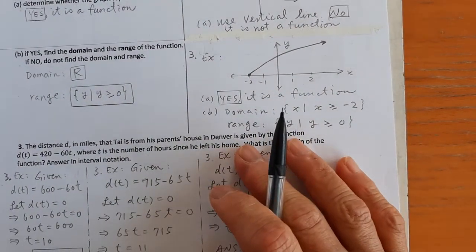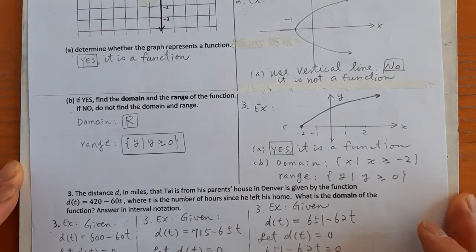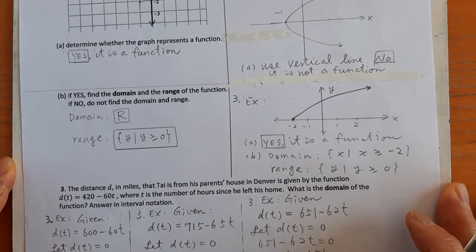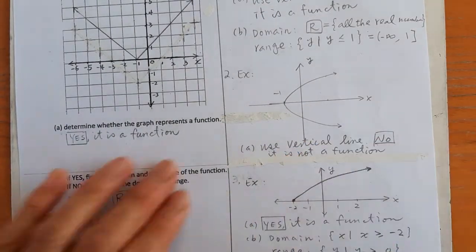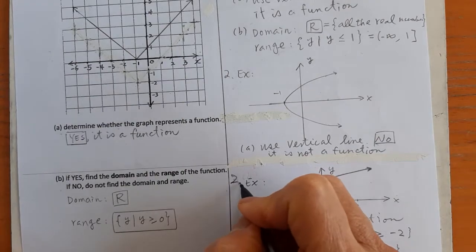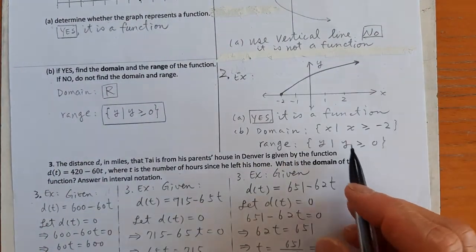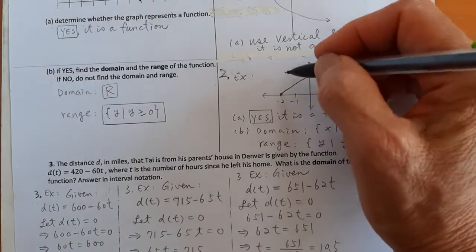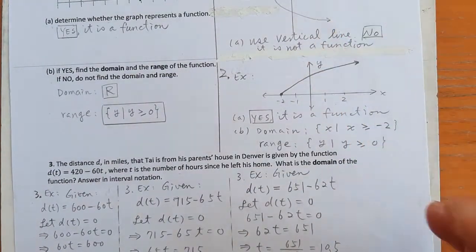Then another one, this is still question 2, example. Another one, if the graph is like this, is this a function? Yes, you can use the vertical line test; it meets the graph at 1 point.